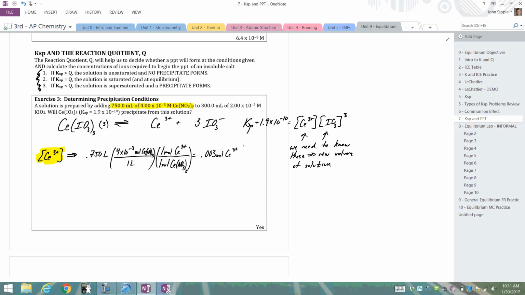And what's our new volume here? Our new volume here is 1,050 milliliters, right? 750 plus another 300 milliliters, we get 1,050 milliliters, which is 1.05 liters.